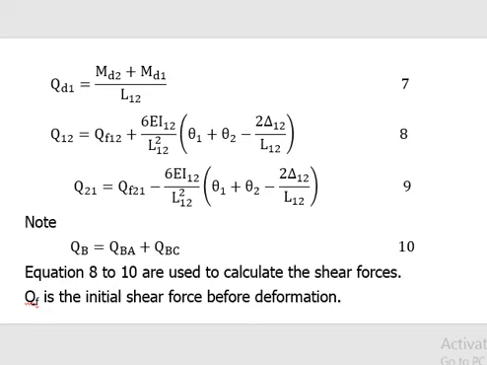Equations 8 and 9 are equations to calculate shear force, in this case not due to sway or due to sinking of the support, but due to the externally applied load.